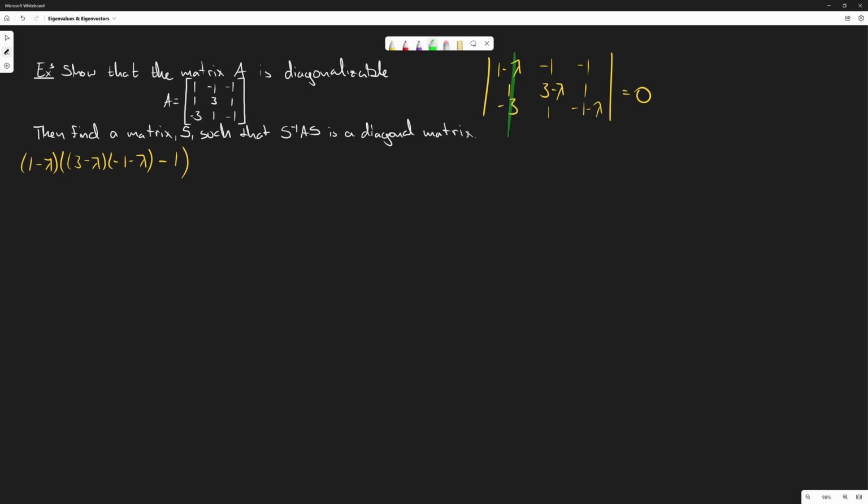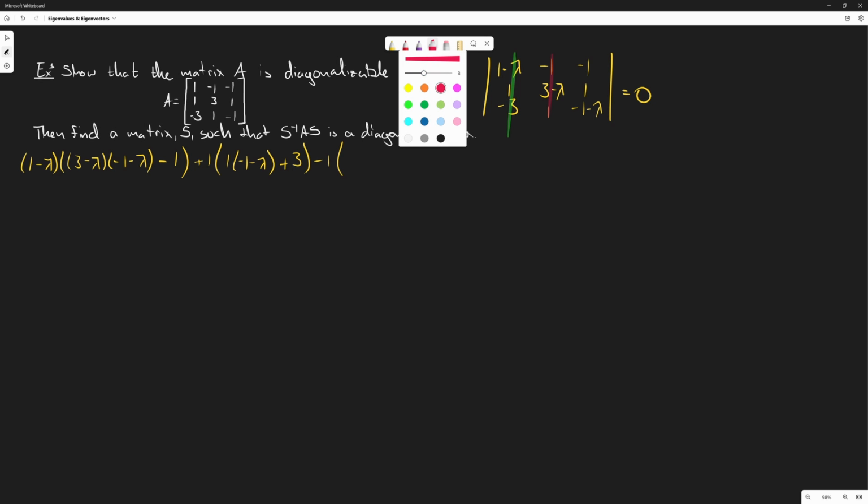So now we are going to do the second column, and that would be minus negative 1, so this would be plus 1, and then we'll have 1 times negative 1 minus lambda, minus negative 3 times 1, it's negative 3, so it'll be plus 3, and then plus negative 1, so this will be minus 1.